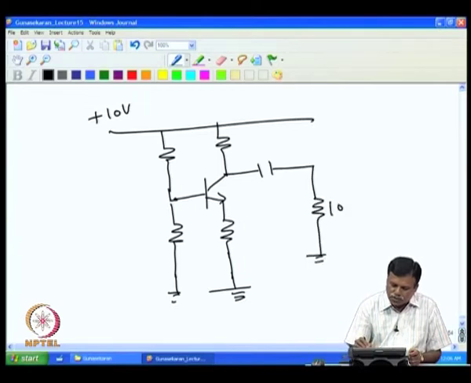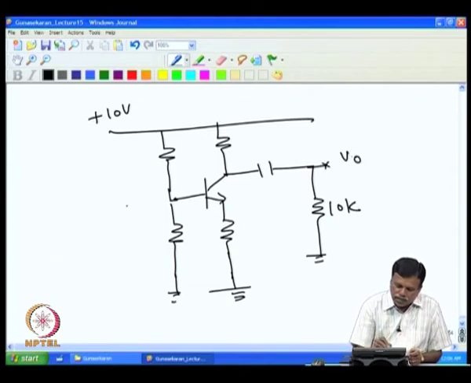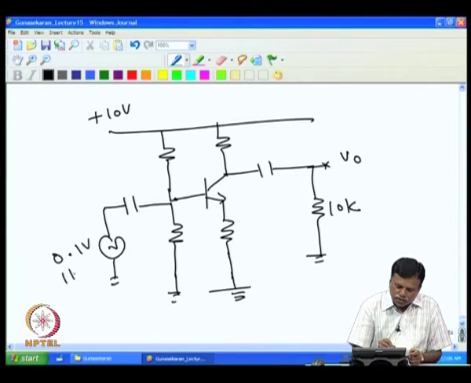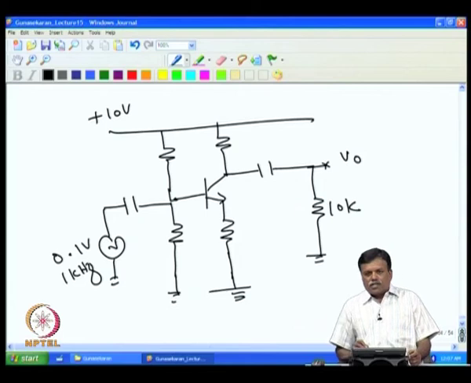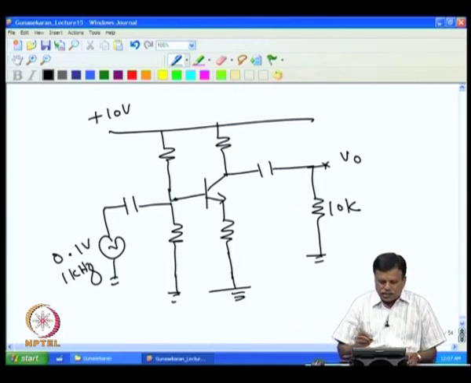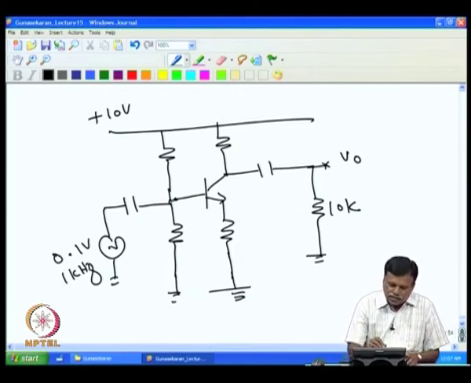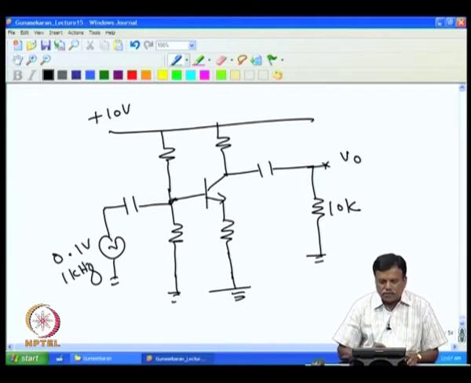This is load supposed to be 10K, and this is the output voltage, and our input signal is supplied here. This is 0.1 volt, 1 kilohertz. So, this is the actual circuit that we will be using here.